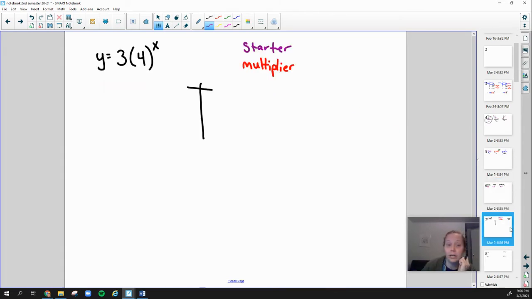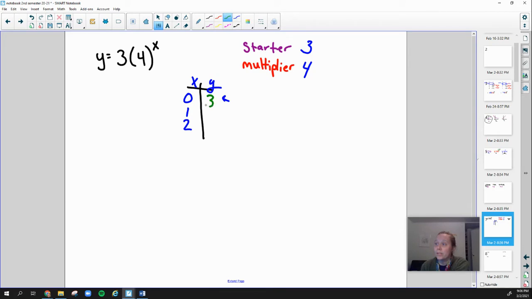We have been talking about exponential growth. And so here, of these two numbers, which number is our starter? You should have 3 as our starter, which makes what number our multiplier? The 4 is the multiplier. So if I were to start my table here at 0, what would be the number that went with the 0?